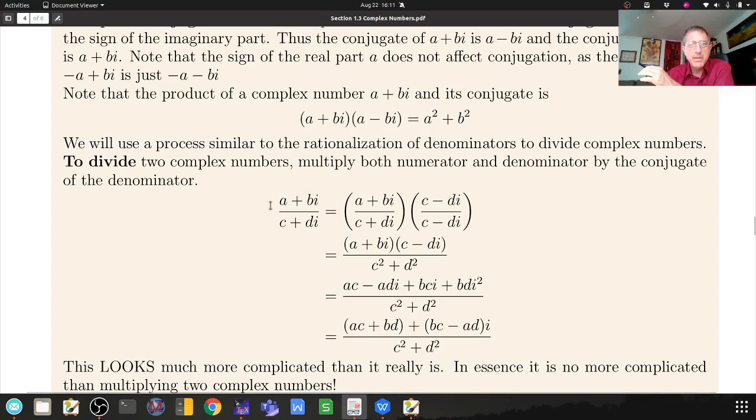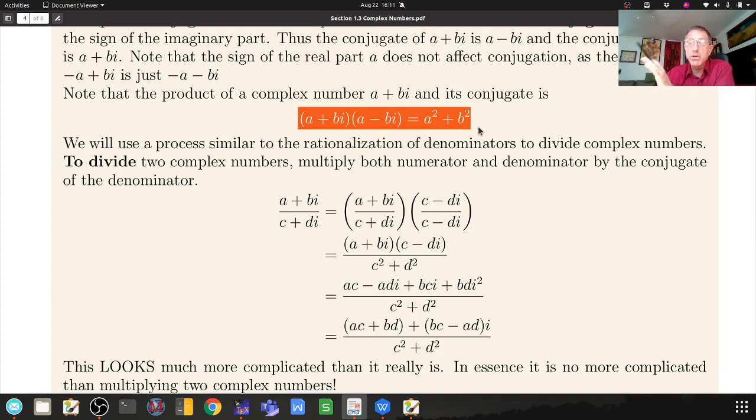And we just discovered, by that quick example, that the product of a complex number and its conjugate, a plus bi times a minus bi, is equal to a squared plus b squared. This is a really important formula you want to memorize.